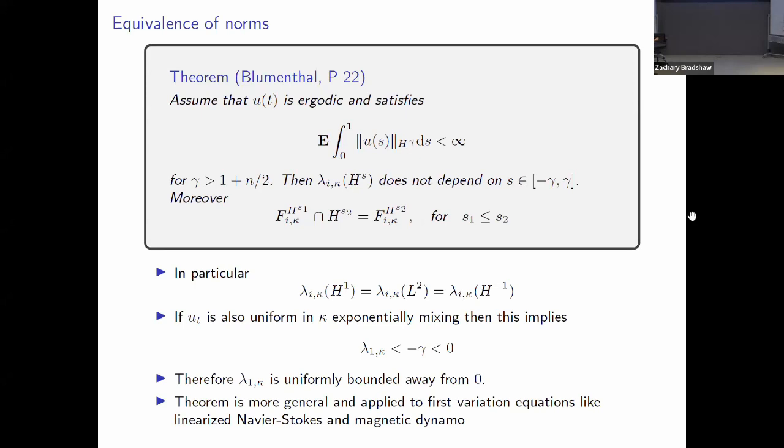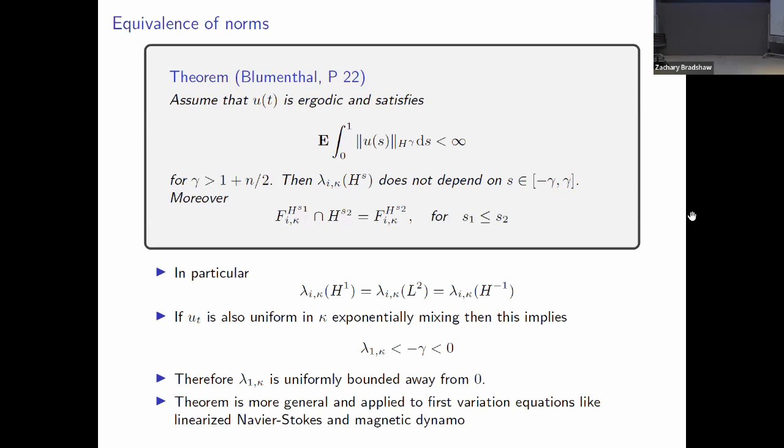But if there's an ergodic velocity field that has finite moment in the Sobolev space H gamma for gamma bigger than 1 plus n over 2, then these Lyapunov exponents do not depend on the space that you're measuring the growth in, at least up to minus gamma. All of them are the same.